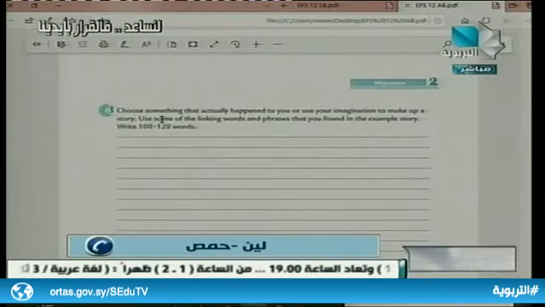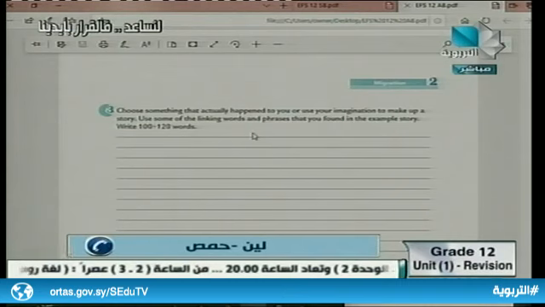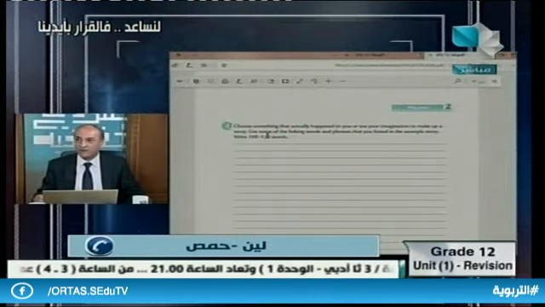If we go back to the rubric, choose something that actually happened to you, or use your imagination to make up a story. Lean, of course, you can mention anything that happened to you in your life.